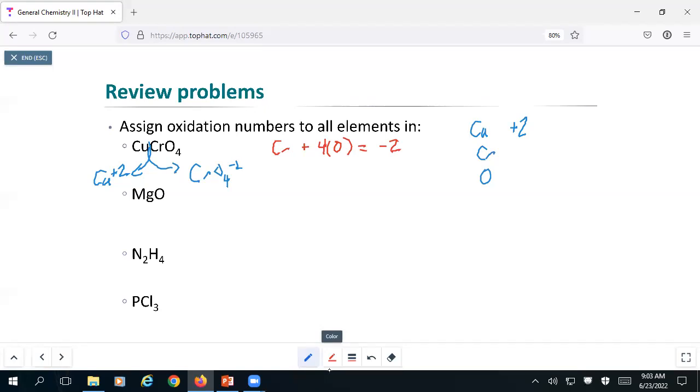Well, I know that oxygen is almost always -2. So if I put in a -2 for the oxygen, I could solve this out and I get chromium at +6 and oxygen at -2.